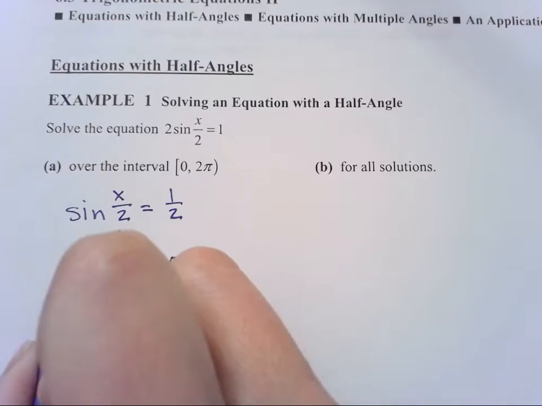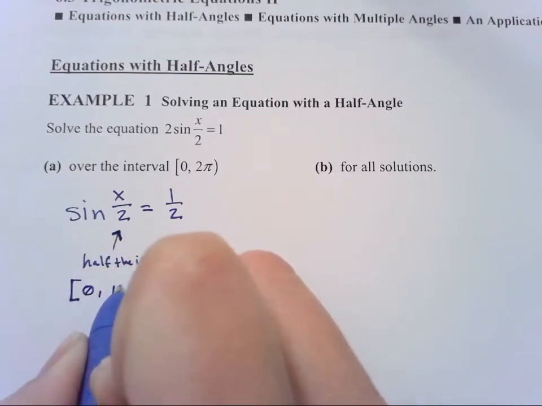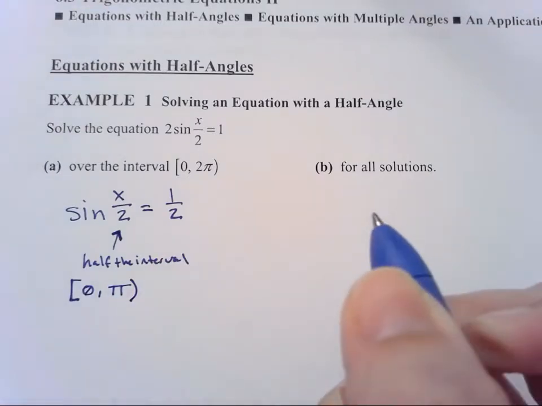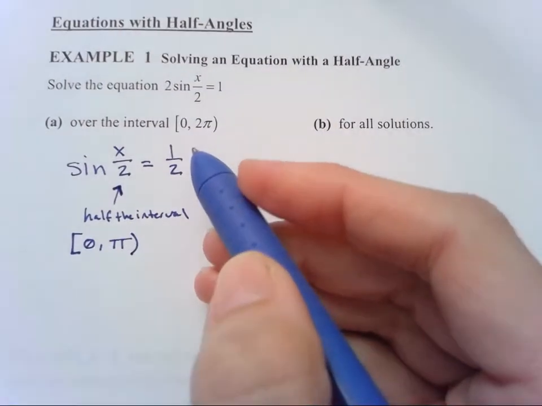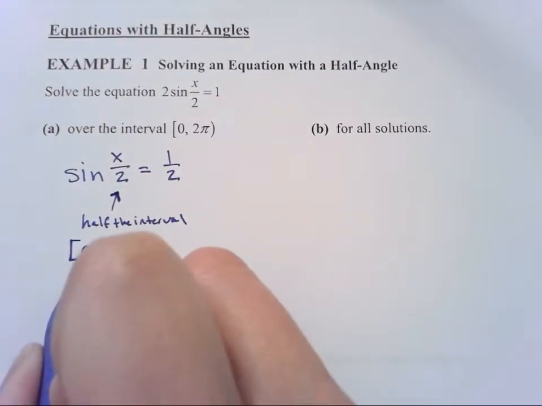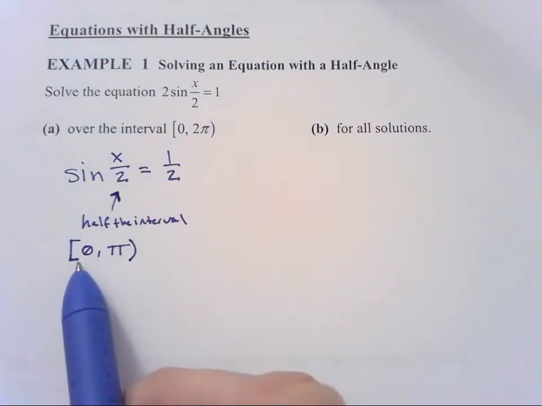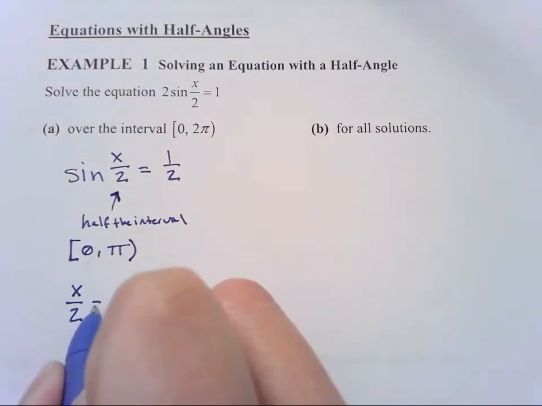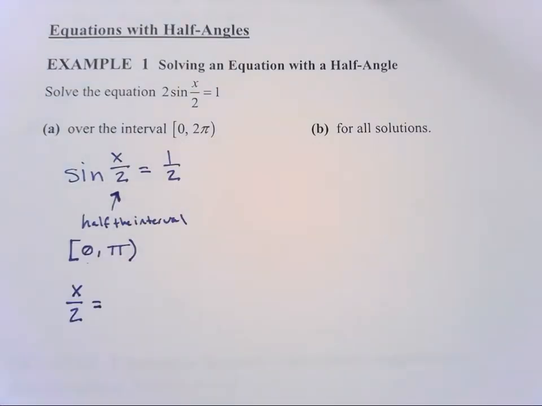So I'm looking for angles between 0 and pi radians, not 0 and 2 pi. Okay. So I want to know what angles in this interval spit out 1/2 when I do sine to them.